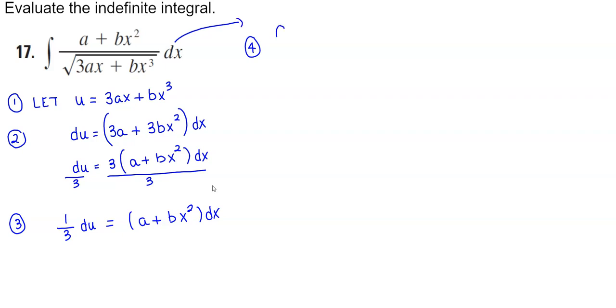Okay, so now let's go ahead and rewrite this original statement. But what we're going to do is separate the terms. So we have 1 over the square root of 3ax plus bx cubed times the quantity a plus bx squared dx. And again, what that does is it just shows us what we solved for to substitute.